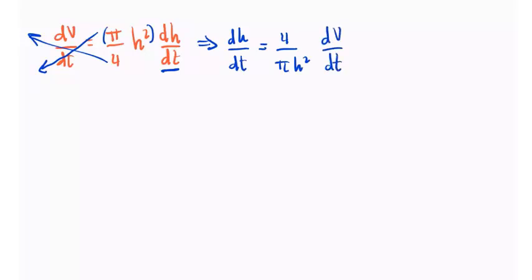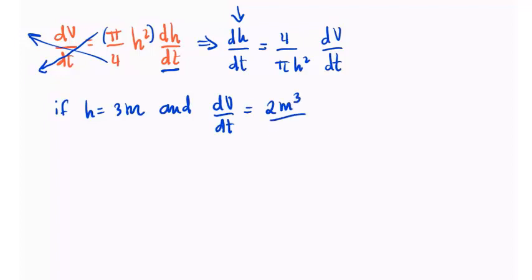Okay, guys, so in the problem we want to find dh/dt, and we have that if h is equal to 3 meters, dV/dt is equal to 2 meters cubed per minute.